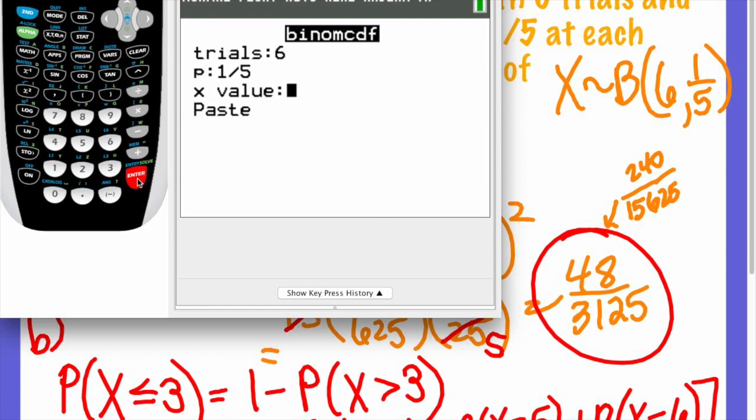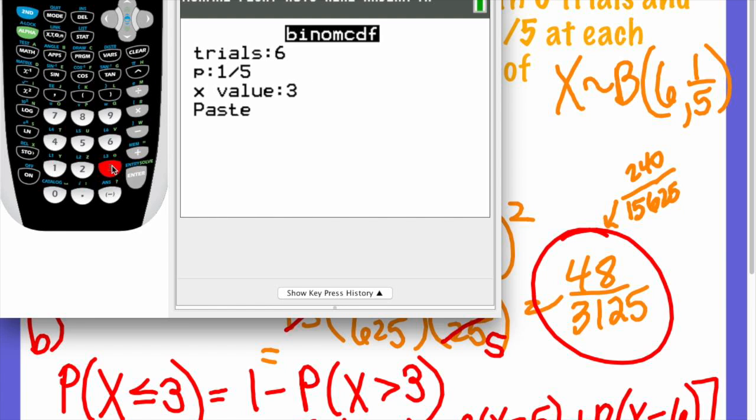It always does less than. Does everybody understand that? So in this particular problem, when we're trying to figure out less than 3, that's perfect. But if it was 4 or more, you have to use the complement whenever it's greater than. It always does the less than. So your x value is going to be, less than or equal to, yes.